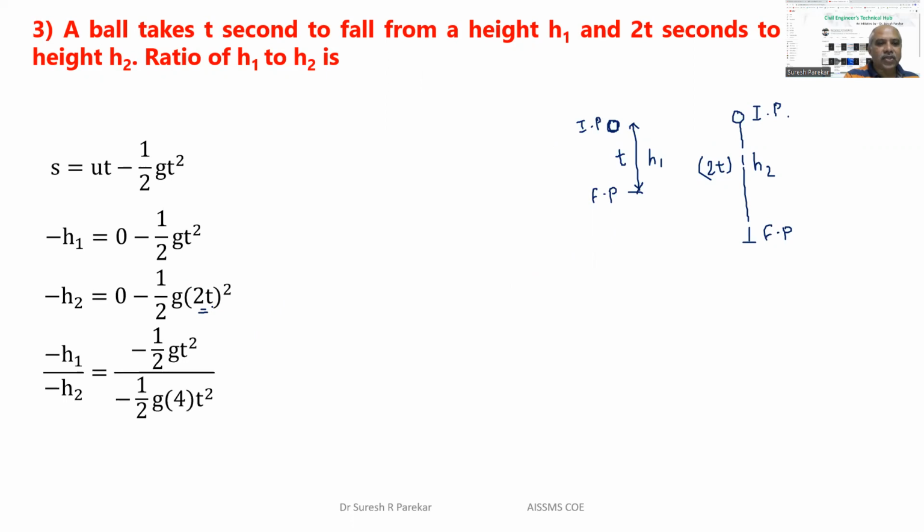If we take a ratio of these two, we have minus h1 upon minus h2 equals, in the first case, minus half g t square, and in the second case, minus half g into 4t square. The half g t square gets cancelled, and h1 to h2 is 0.25.